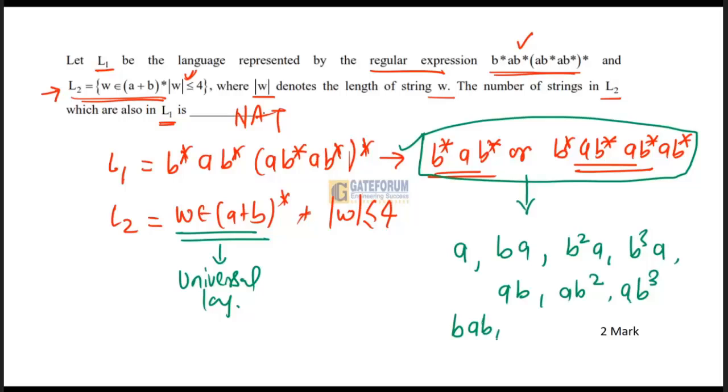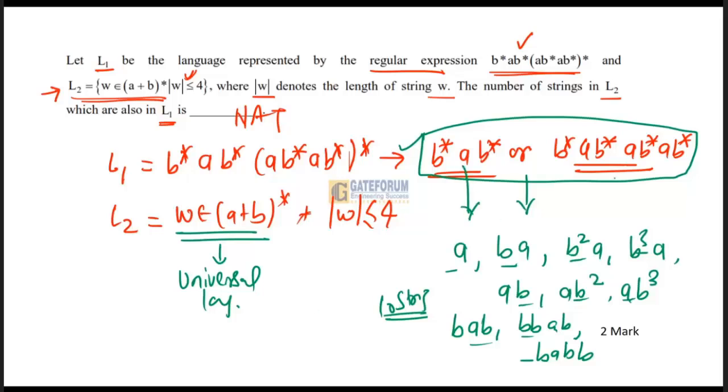And B, it will also generate double B A B, and it will generate B A double B also, right? So here if you can see 1 2 3 4 5 6 7 8 9 10, these are the possible strings. 10 strings are possible. So these strings can be formed with this combination.